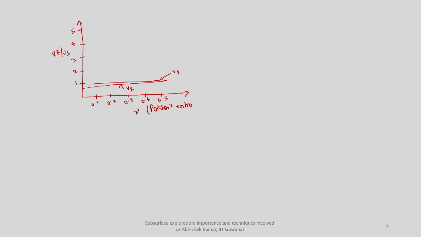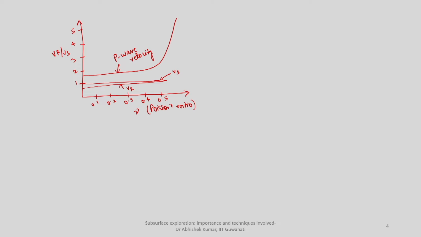In the same way, the primary wave velocity will increase like this. This is called your P wave velocity.